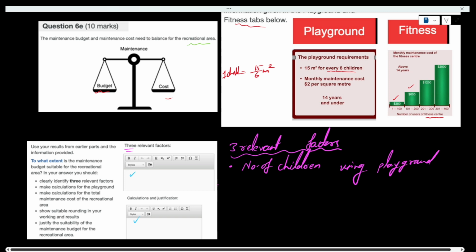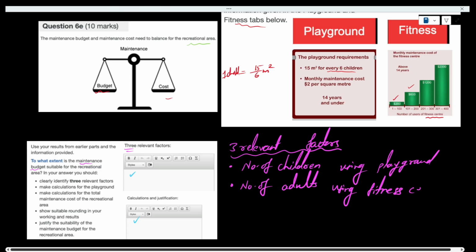The maintenance cost will be based on that. Then for the fitness center, the number of adults going to the fitness center can be the second factor. Based on that, you are going to decide the maintenance budget you are allocating, right?